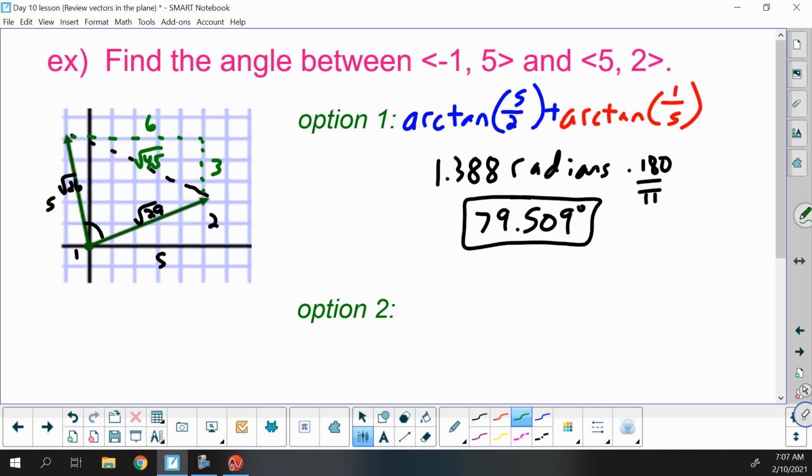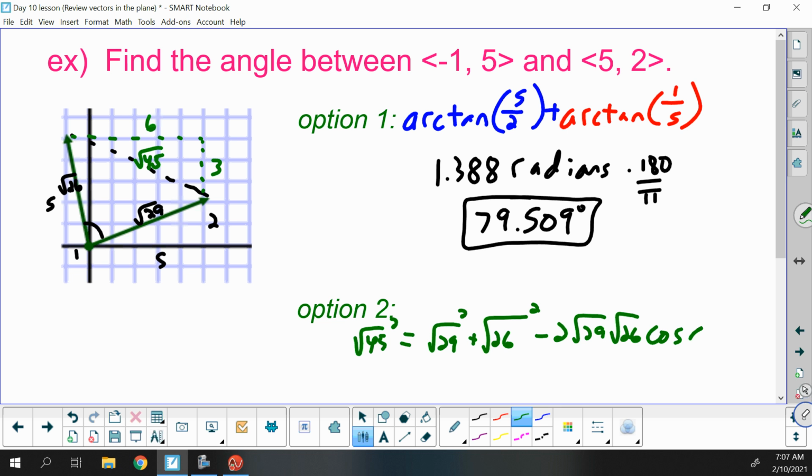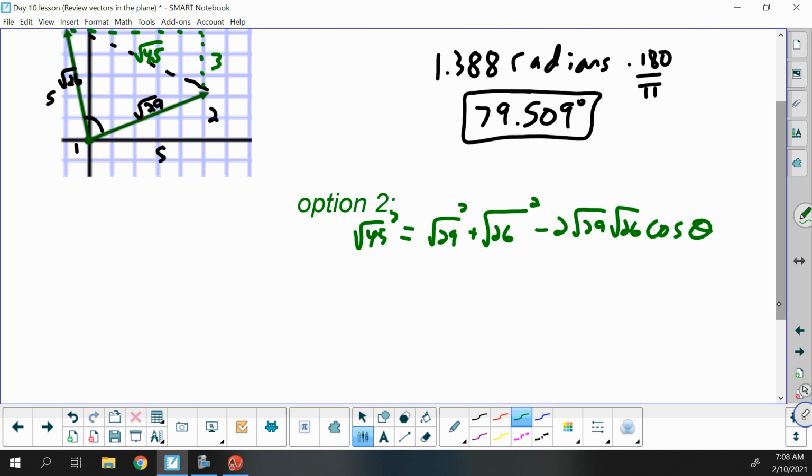So doing a law of cosines, we would have our c squared, so that'd be square root of 45 squared, is equal to our a squared plus our b squared minus 2 times a times b cos of our angle, which we don't know. So if we square the 45s, the 29, and the 26 and subtract them over, on the right that would be 55, so subtracting it over would give us negative 10.